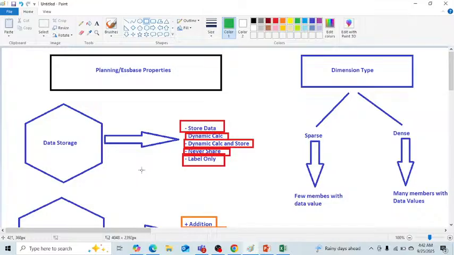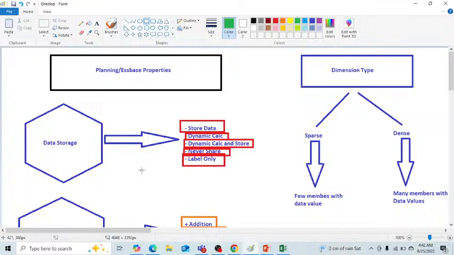For dynamic calc, it applies to parent members. The value is calculated on the fly when you run a report. This is great for performance because PBCS is not constantly pre-calculating and storing every total. For example, total expense would be a dynamic calc member summing up all its children in real time. Then we also have the never share property.